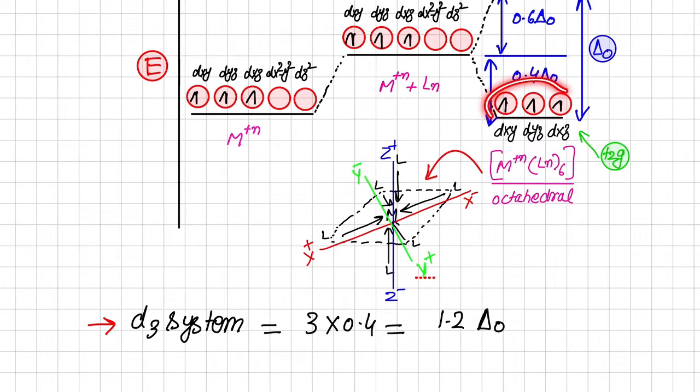Now there are 3 electrons, so 3 multiplied by 0.4. So the overall d3 system crystal field stabilization energy value is 1.2 delta O, which is again greater than the d1 and d2 systems. So it means d3 system complexes are more stable as compared to the d2 and d1 systems.